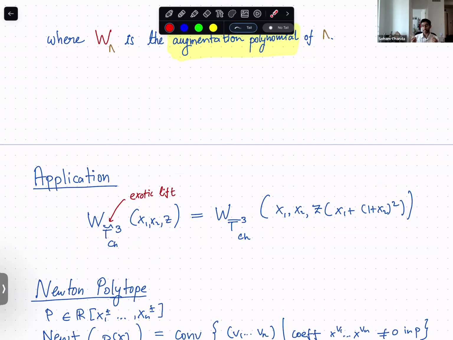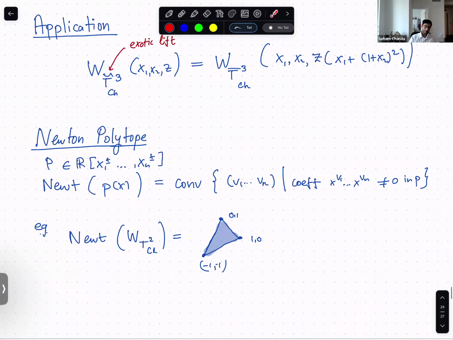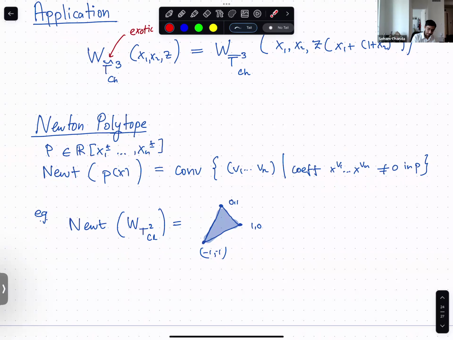And the way to see this is kind of hard if you just look at the polynomials. And the tool to use here is Newton polytopes. They are like simplifications. They are exactly polytopes, and seeing that two polytopes are different is easier than saying two huge polynomials are different. So let me tell you what a Newton polytope is.